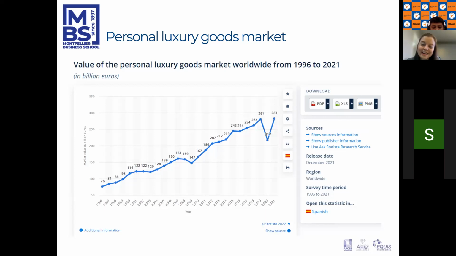And again, another steep decline we could see in 2020 because of COVID. But other than that, you can see that it's pretty much increasing. And the value of that market in 2021 was 283 billion euros worldwide. So really, an important industry to study.